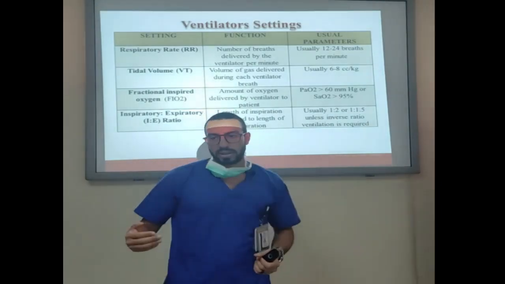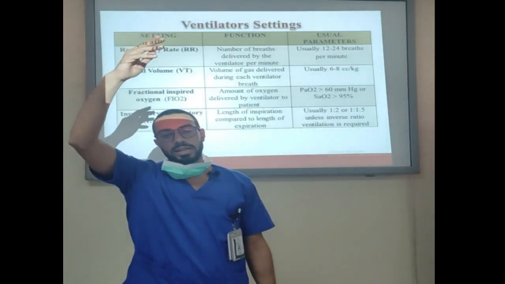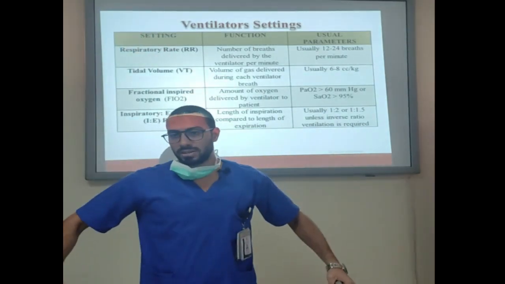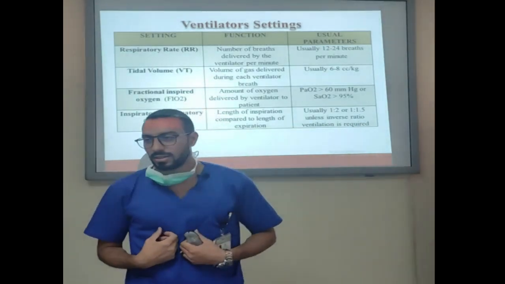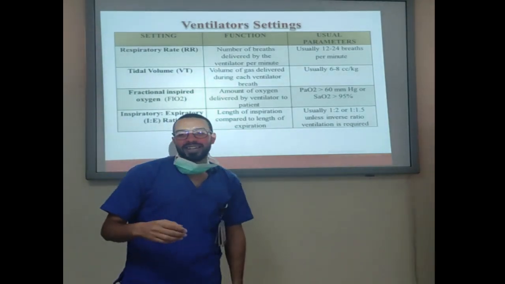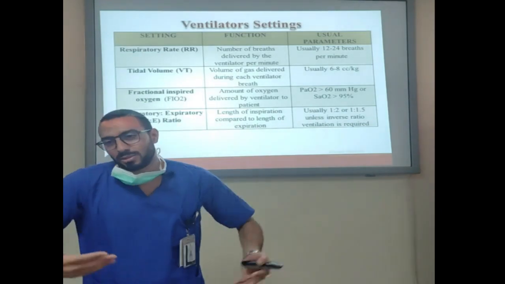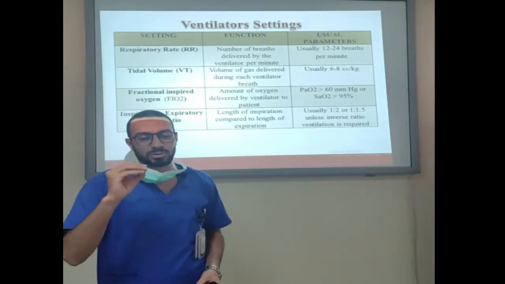Let us say I have a man who is very tall, 2 meters in height, and he is a bodybuilder. His body will need more air, more oxygen than me because of the muscle mass and everything. So we are talking about it according to every individual.